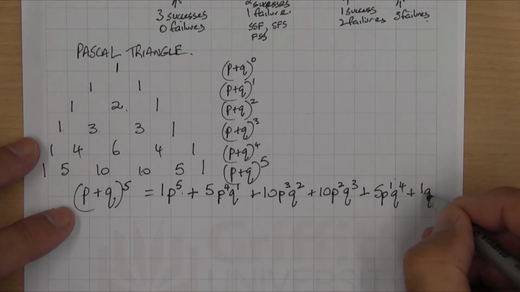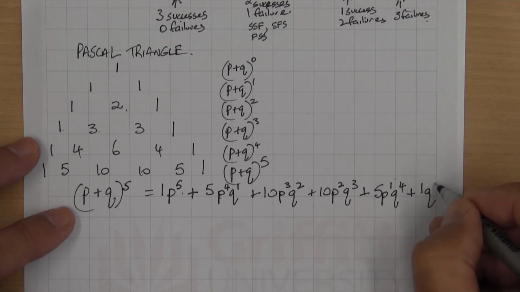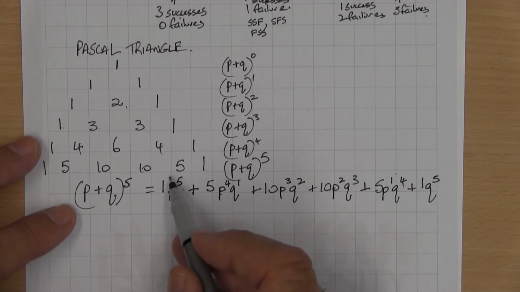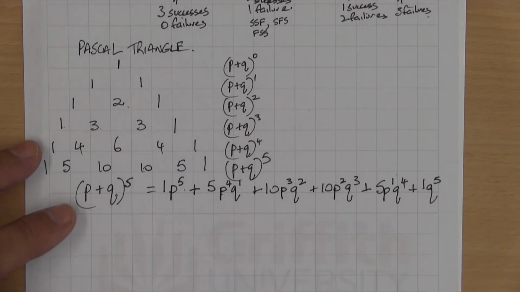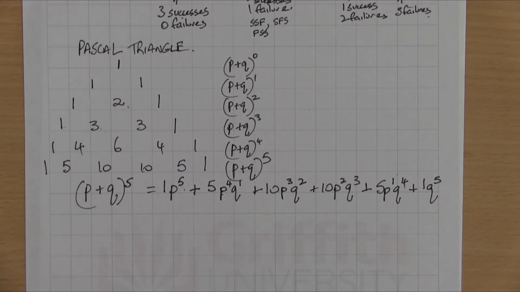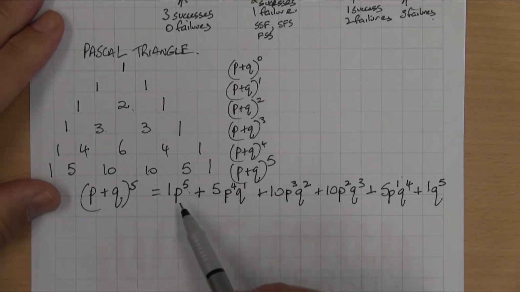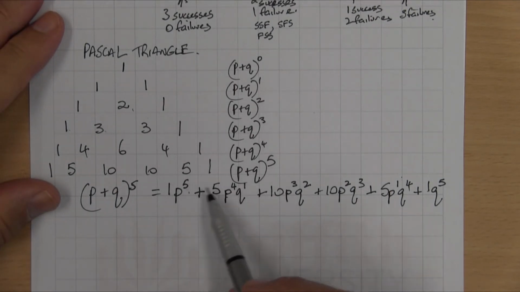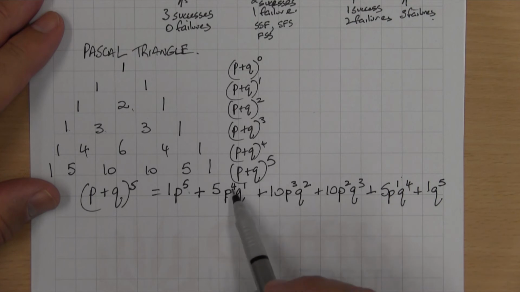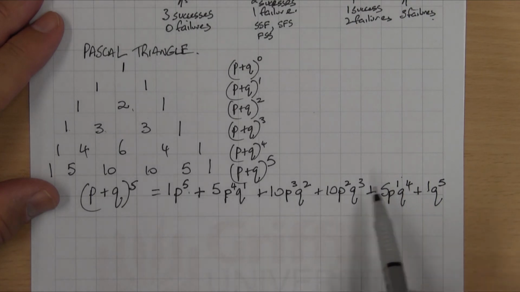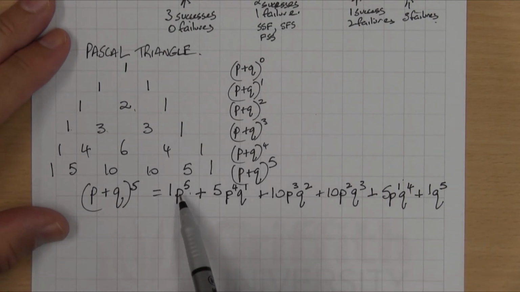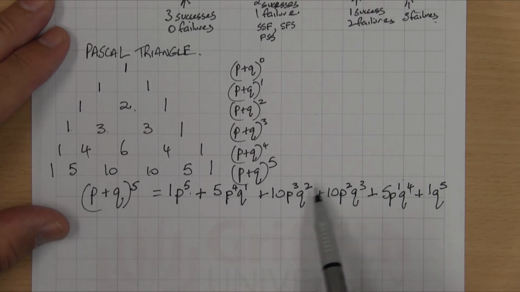Anything raised to the power of 0 is 1, so we don't need to write that in there. And Q to the power of 5. Normally we don't write the 1 between those. But you can see that when we add the powers, we should always get 5, 4 and 1, 3 and 2, always get 5. And the P's go down, Q's go up.